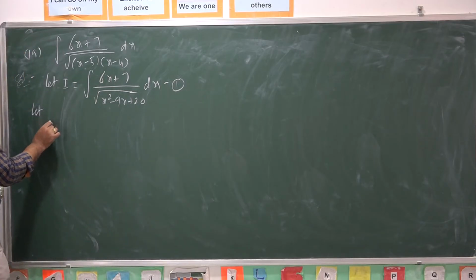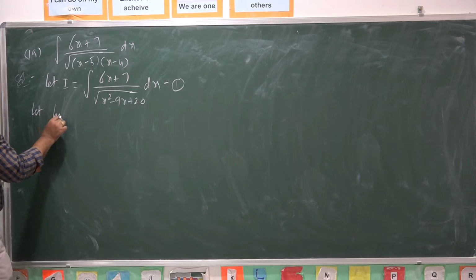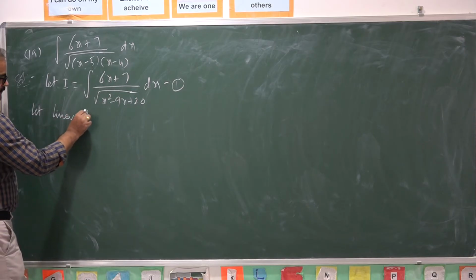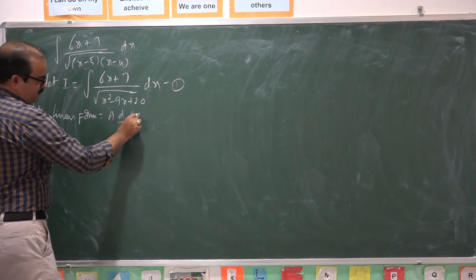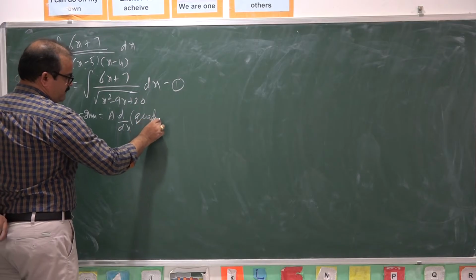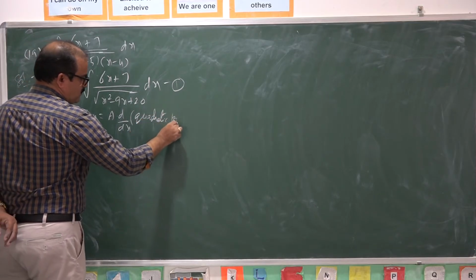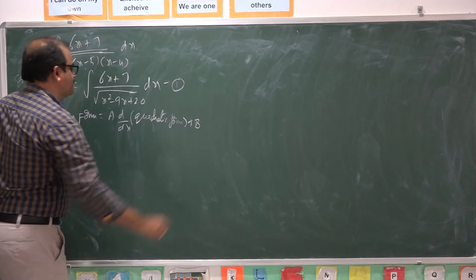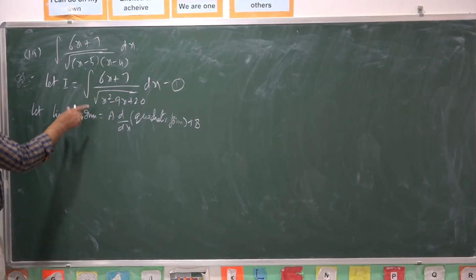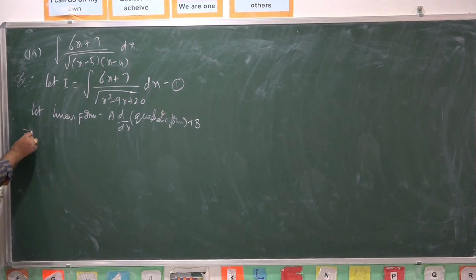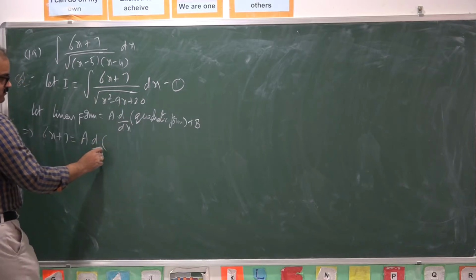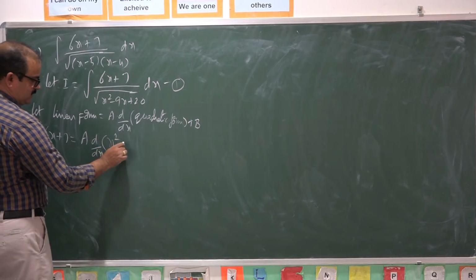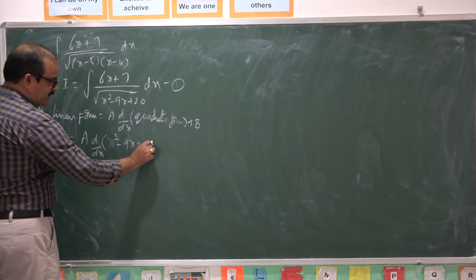Let linear form is equal to a into d by dx of that quadratic form plus b. From this simplification we get the integration. What is the linear form? 6x plus 7 is equal to a into d by dx of, what is the quadratic form? x square minus 9x plus 20, plus b.